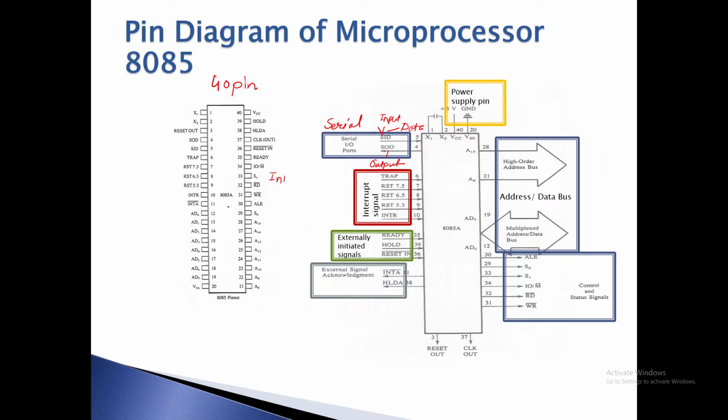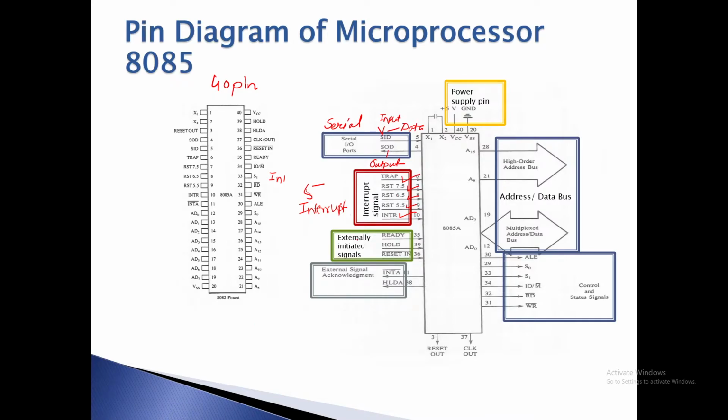Here you can interrupt the 8085. So the 5 signals are TRAP, RST 7.5, RST 6.5, RST 5.5, and INTR. There are 5 interrupt signals of the 8085 through which you can interrupt it.